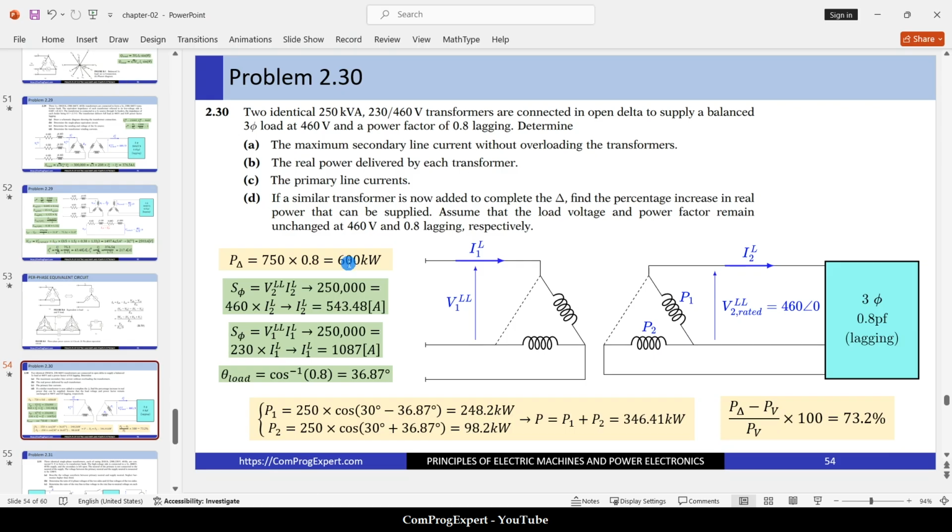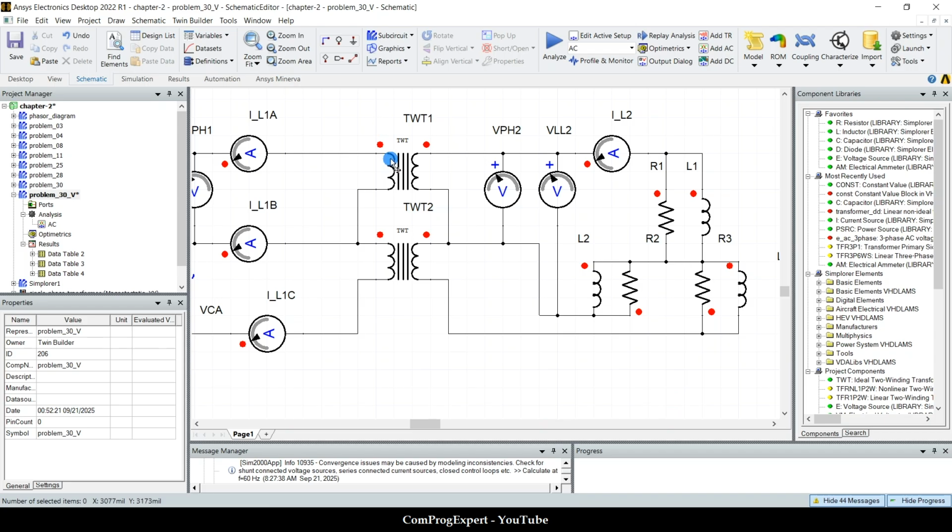And in this problem, we should find the maximum line current without overloading. Here we are overloading the transformer. So we have to reduce the value of the current to keep it equal to the rated one.